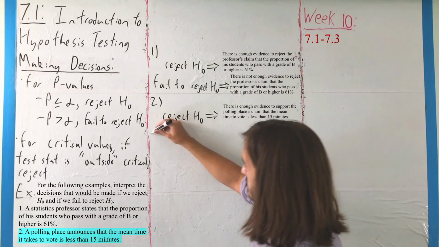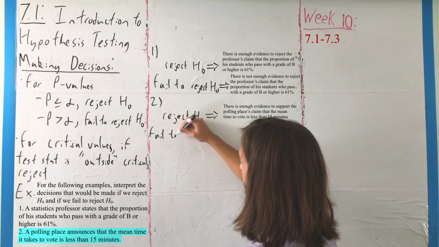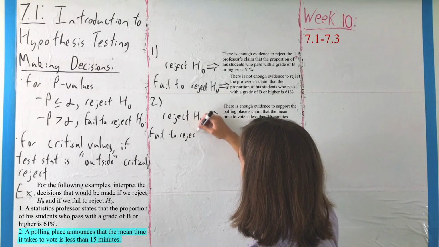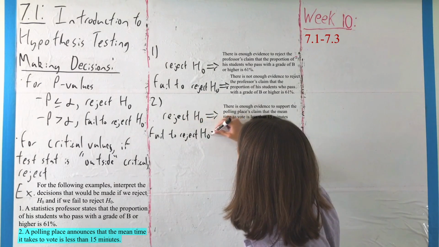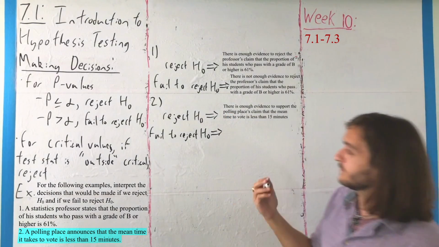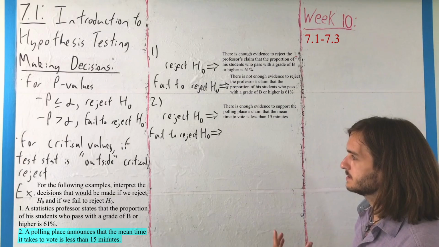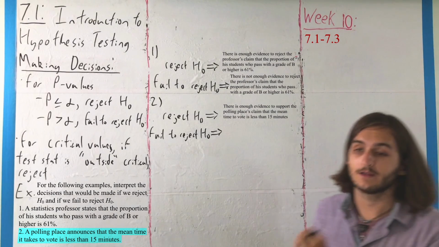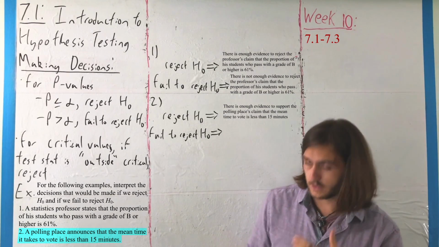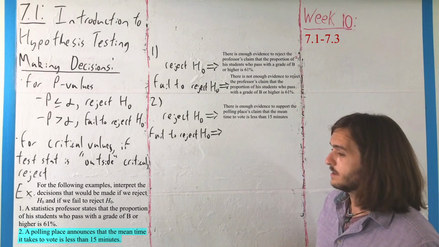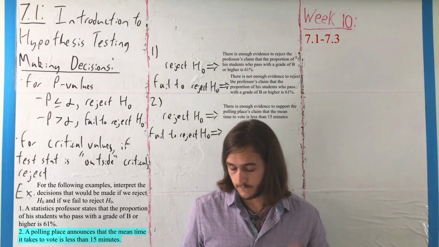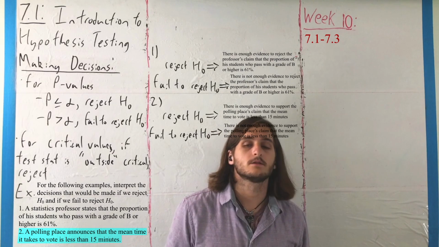On the other hand, if we fail to reject the null hypothesis and the null hypothesis is not our claim, that is, our claim is the alternative, as it is in this case, then we would say something to the effect of there is not enough evidence to support the polling place's claim that the mean is as they say it is.